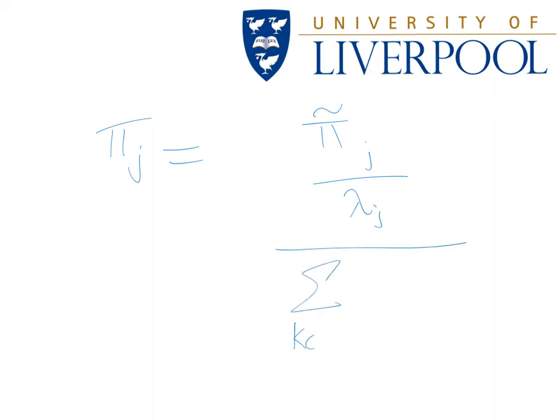To find the limiting distribution from the stationary distribution, we need to use the following formula, where lambda j and lambda k are the holding time parameters. So we have the following.